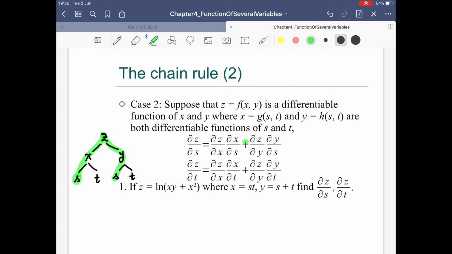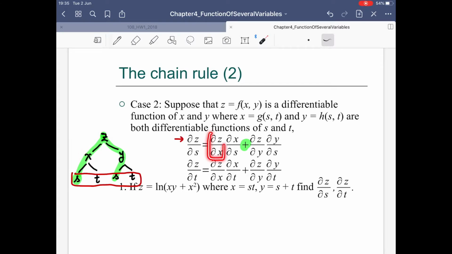So you are going to combine these two contributions together, and because at the end your z is a function of both s and t, to find a derivative of z with respect to s, we are going to use a chain rule.